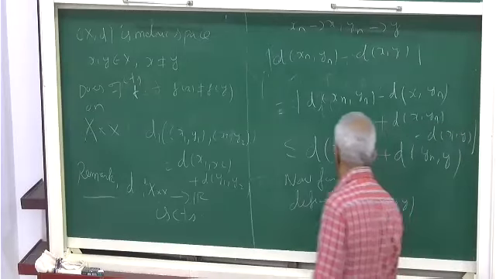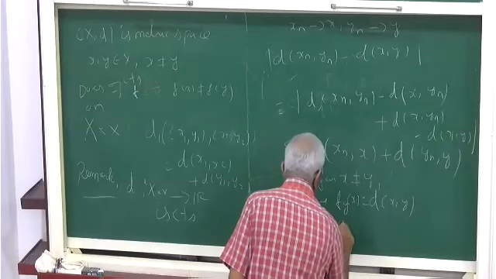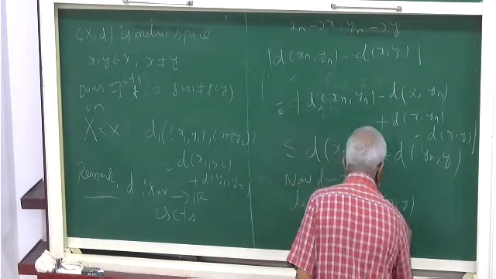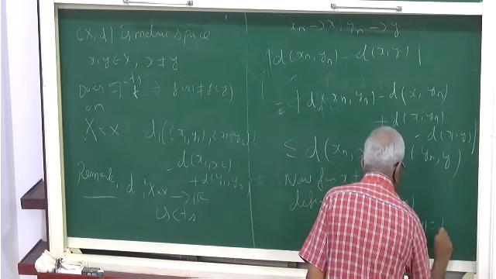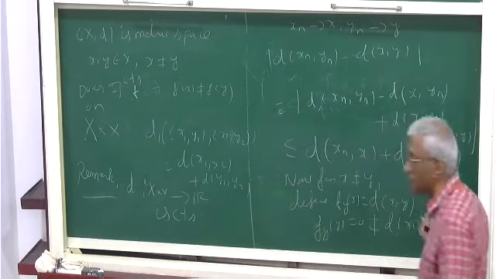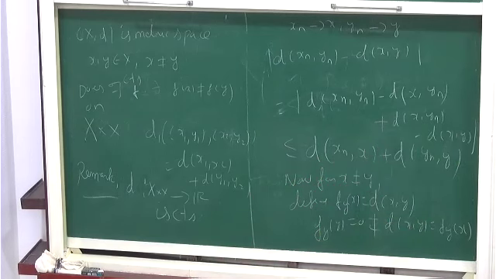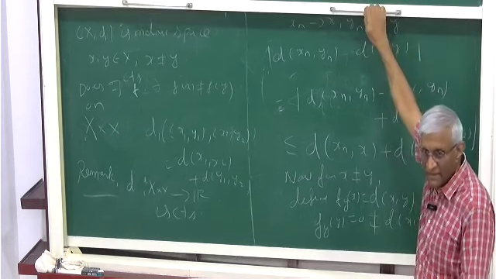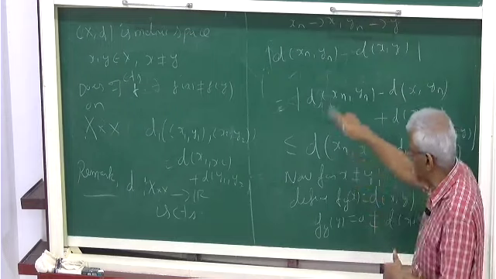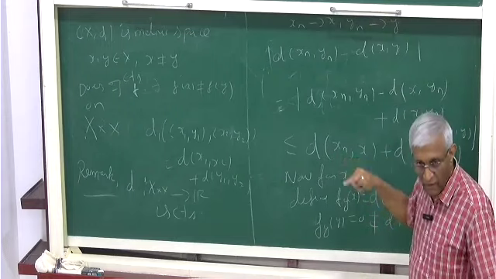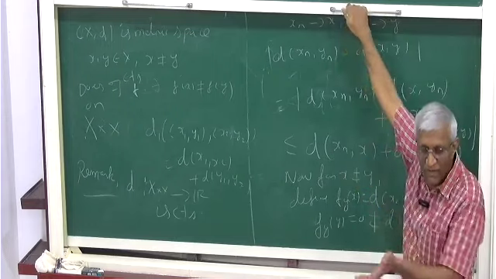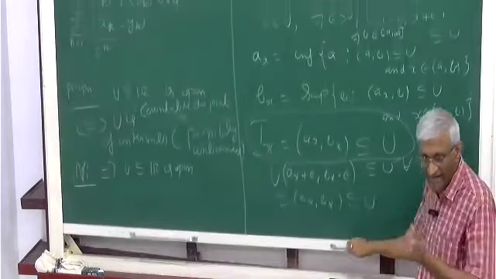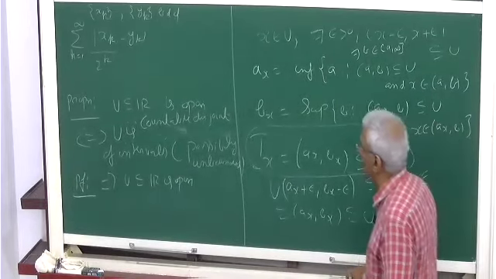Then this function satisfies f_y(y) equals 0, which is not equal to d(x, y), which is f_y(x). So you have got a continuous function which separates the points x and y. If you have a metric space, then you have continuous functions which separate points. If you want a bounded function, then use d divided by 1 plus d. You can use that if you want. If you want bounded continuous functions, we will come to that later.